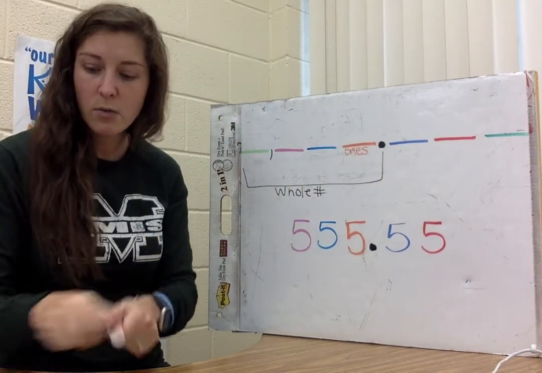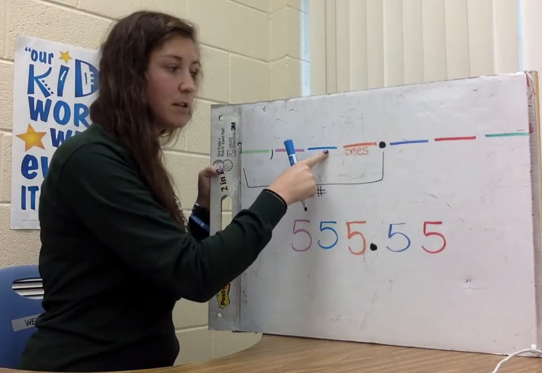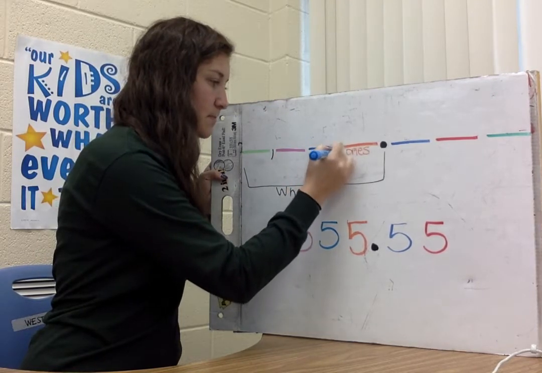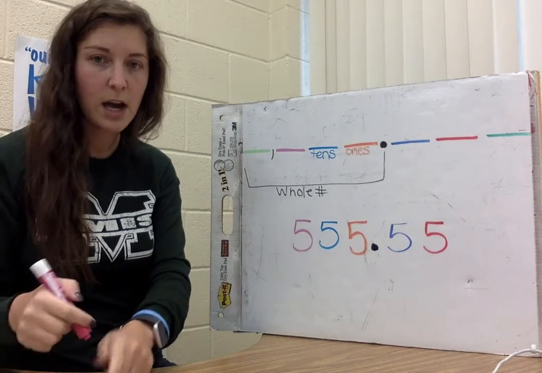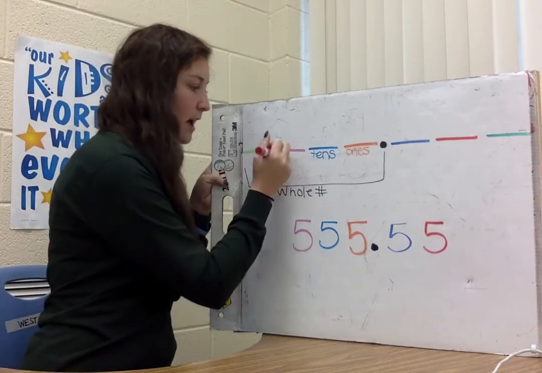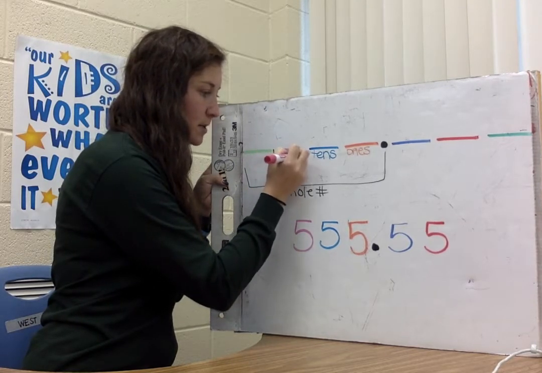Then we have our light blue section, which is directly to the left of the ones place, and that is the tens place. So I'm going to list it as the tens. We have our pink section to the left of the tens, and that is for the hundreds place.